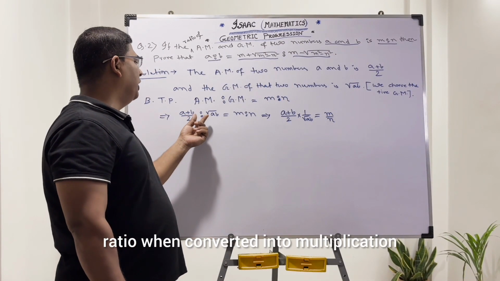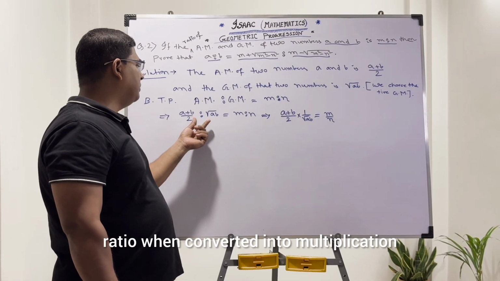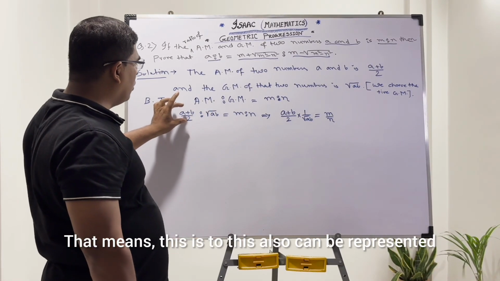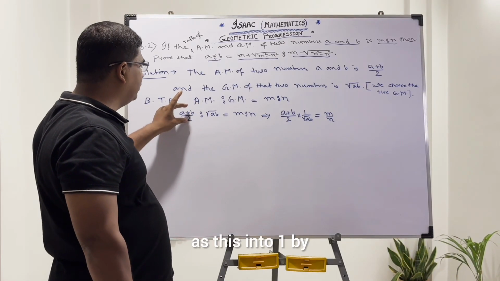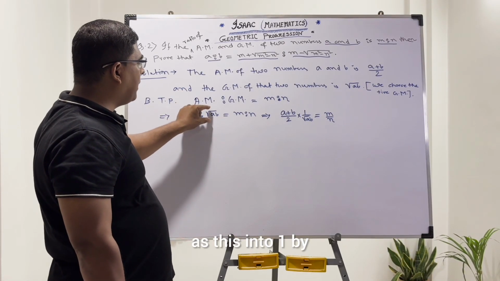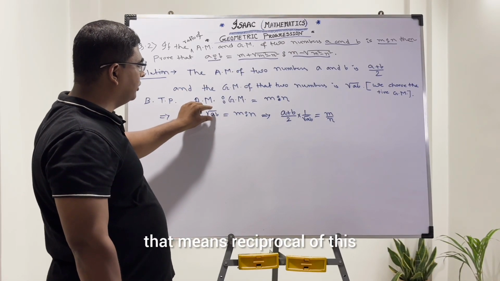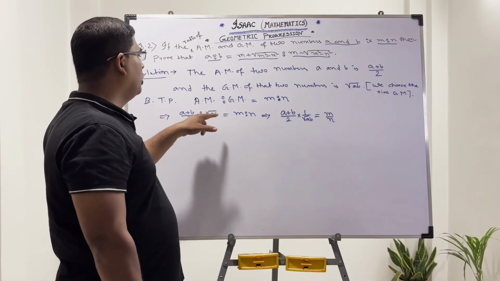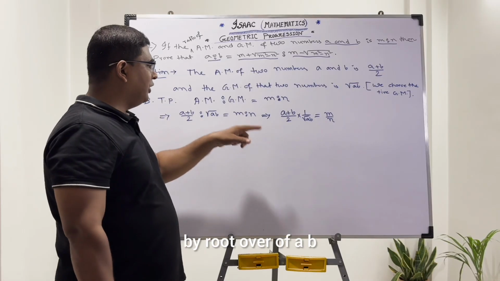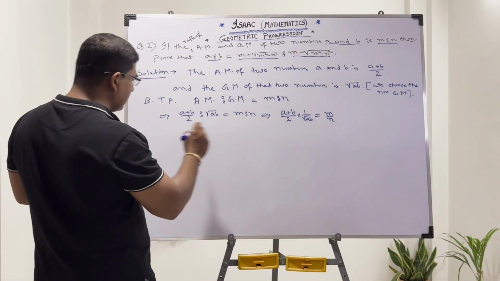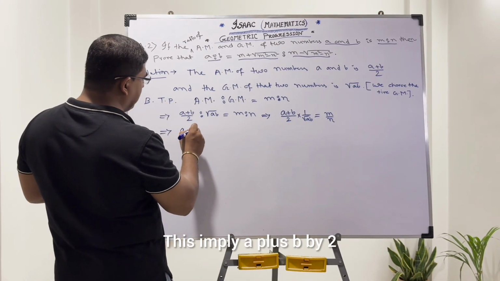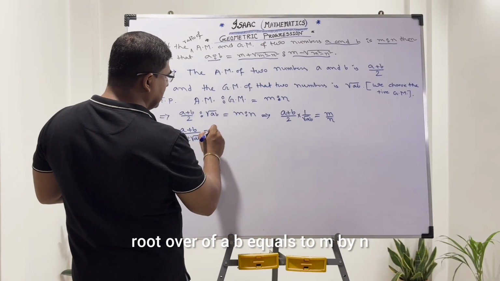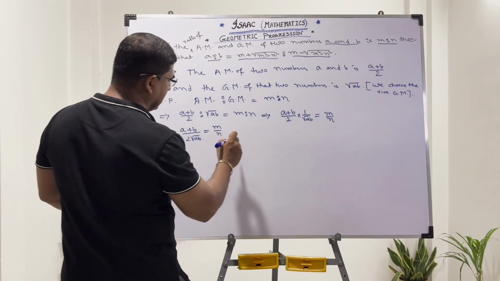Ratio when converted into multiplication, that means this is to this, also can be represented as this into 1 by, that means reciprocal of this. That is why we can write a plus b into 1 by root over of ab. This implies a plus b by 2 root over of ab equals to m by n.